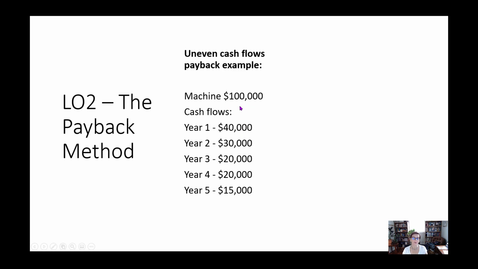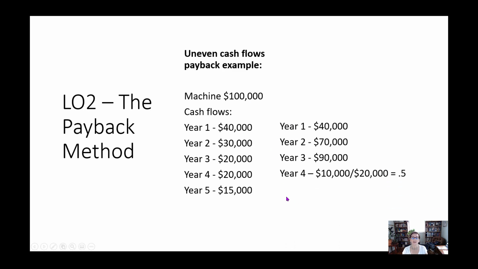Because we want to say how long is it going to take us to pay back the cost of the $100,000. So in the first year, we get back $40,000. The second year, $30,000. So by the end of the second year, our accumulated cash flows are $70,000. Add another $20,000 in year 3. And we're up to $90,000.